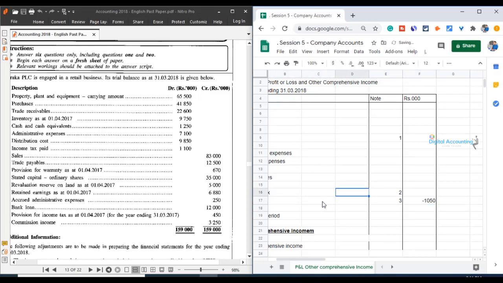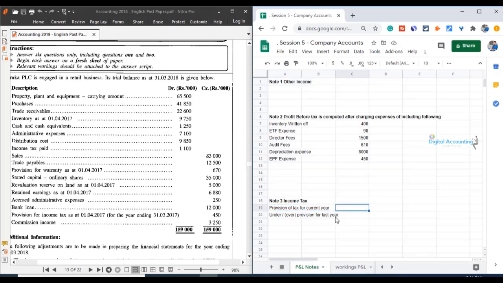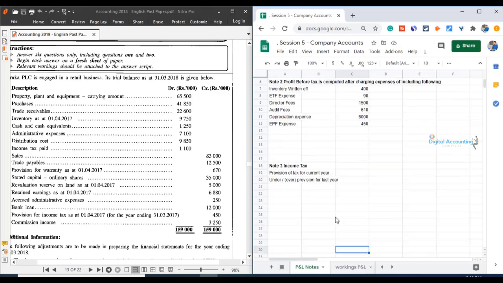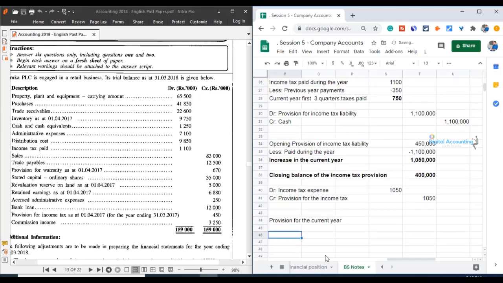So now we have note 3 for income tax. In note 3, we need to show the provision for income tax for the current year. So how can we calculate this first? The provision for the current year is, we know for the first 3 quarters we have 750,000.